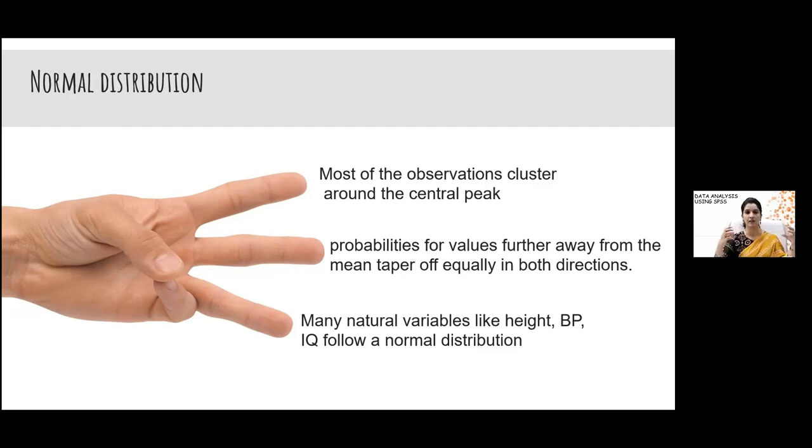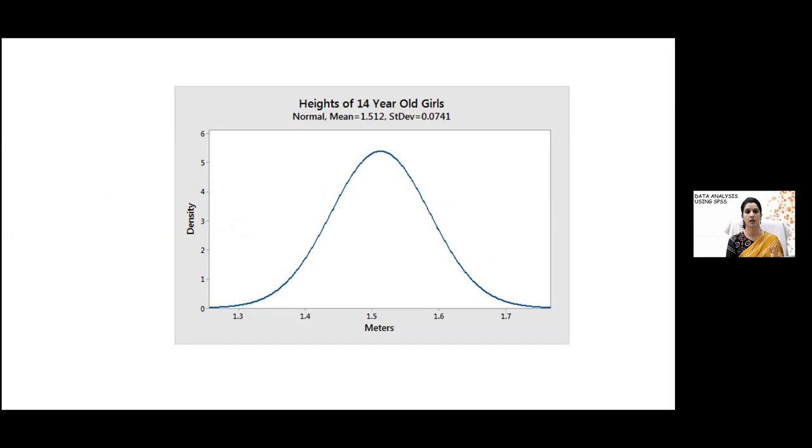The probabilities of the other values tend to lie far apart from that central tendency, or the central mean, and taper in both directions equally. If you take any natural variable, like IQ or the weight of a person, and plot it, then it follows a bell-shaped curve.